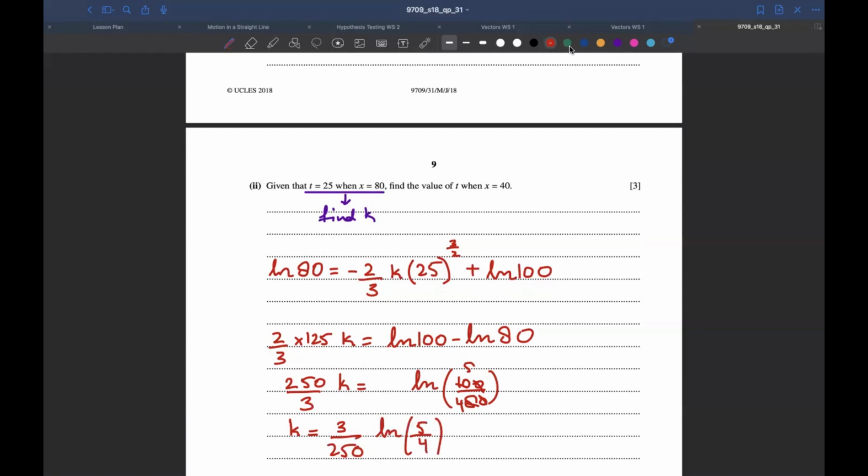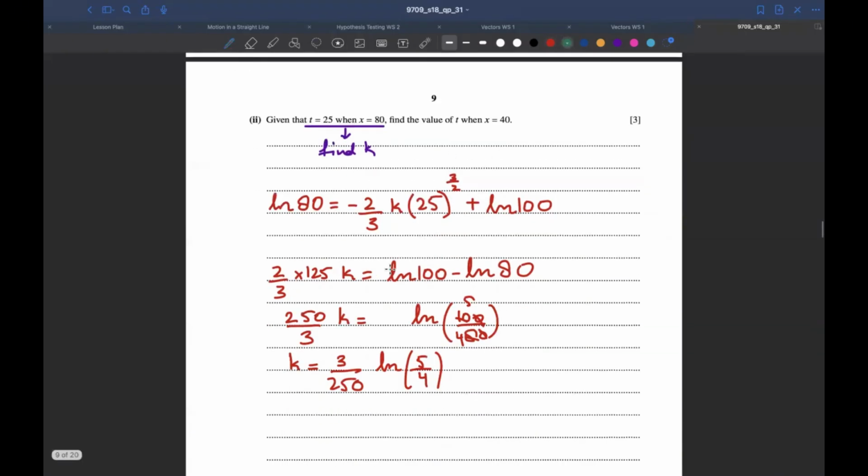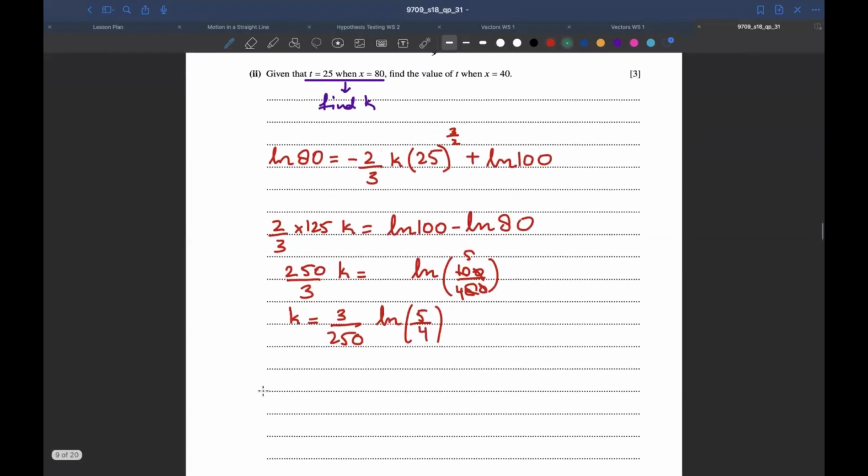Now we have to find the value of t when x equals 40. So in this original equation, in place of x, we can now write ln 40 is equal to minus 2/3 into k. We have the value of k, which is 3/250 into ln of 5/4, into t to the power 3/2 and then plus ln of 100.